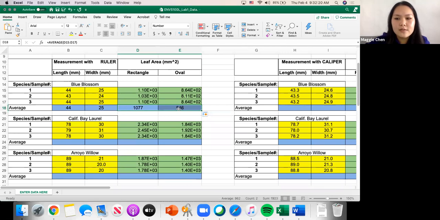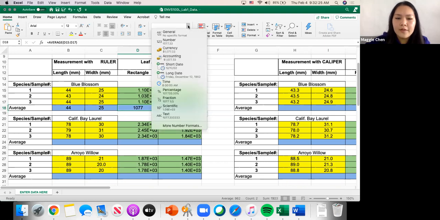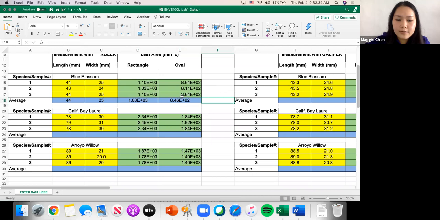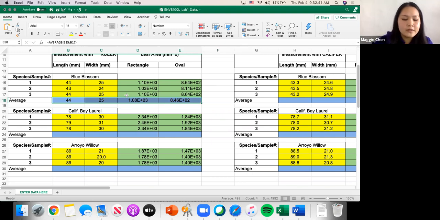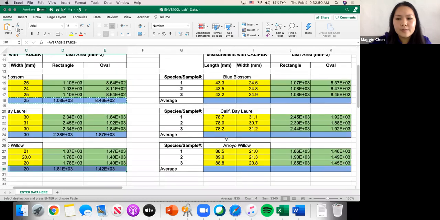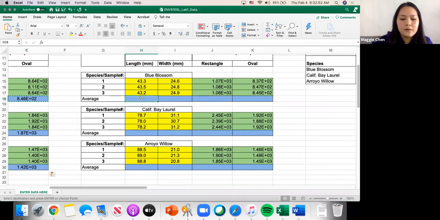We can just select these 2 numbers, going back under the number format bar, and then just select scientific. And like how we did for the green cells, we can select the blue cells, the averages that we just made, and then Command C or copy. We can just paste. And that would fill in the other cells and get the averages for those.